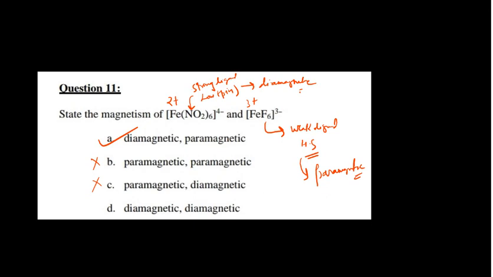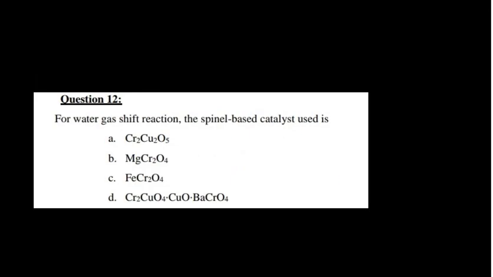Now moving to the next problem, what it says is: for the water gas shift reaction, the spinel based catalyst. Again, see this guys, this problem is based on your memory. If this question is in your memory and you have actually learned this theory several times, only then will you be able to solve this particular one.